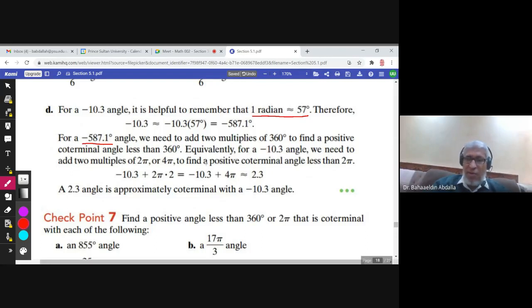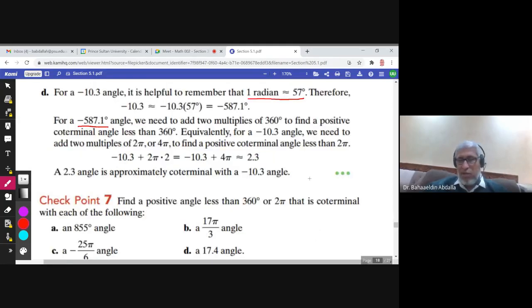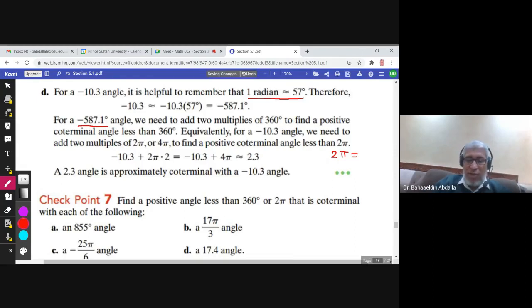Remember I need to add 2 pi here. If the question is negative 10.3, just like this, I can talk about 2 pi. What is 2 pi? If you use the calculator, multiply pi by 2 and you get 6.28.